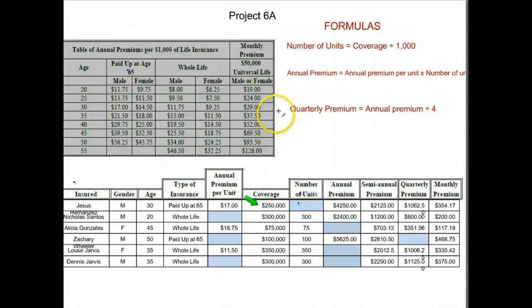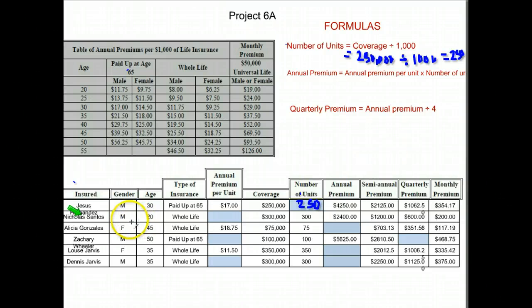So to find the number of units, here's a formula. You just take the amount of coverage, which in this case was $250,000, and divide by 1,000. That's divide, not, it kind of looks like a plus sign. When we do, we get 250. So right here I would put 250 units. Now for all of the other people, they found the number of units for you.